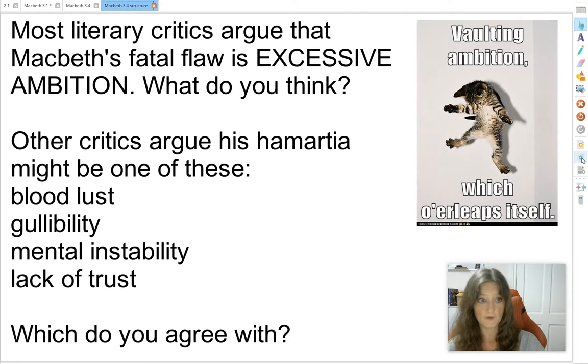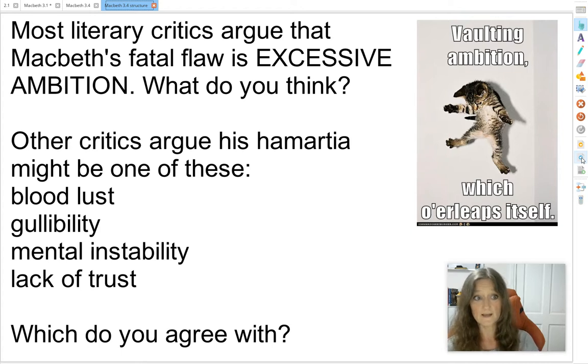His wife is excessively ambitious for him. Lady Macbeth wants him to be more the man, more than what he is at the moment. But most study guides, most revision guides, most literary critics will start with the idea that Macbeth's fatal flaw, his hamartia, is ambition. And you need to make your mind up.